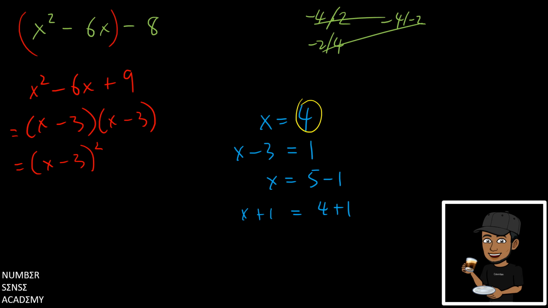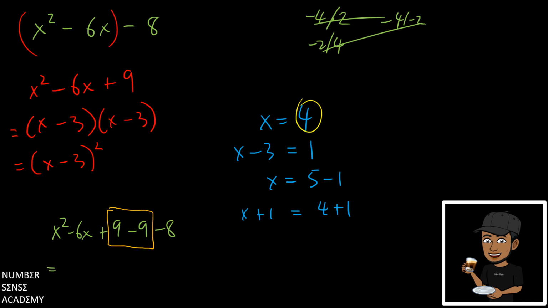So I could actually have x squared minus 6x plus 9 minus 9 minus 8. These two values being here don't change the value because when I add them together, they're immaterial. They equal 0. So what it allows me to do is just change the expression of this equation.